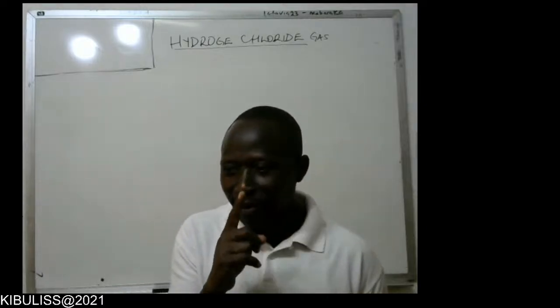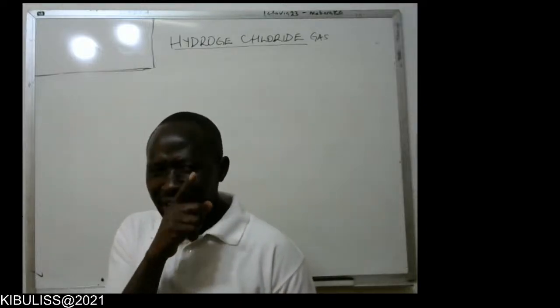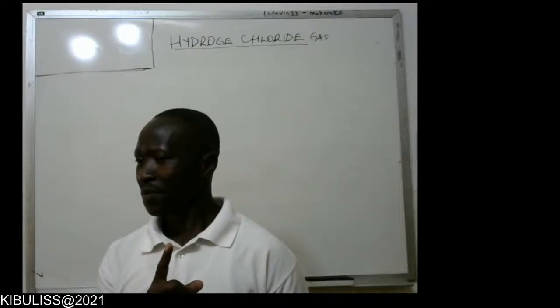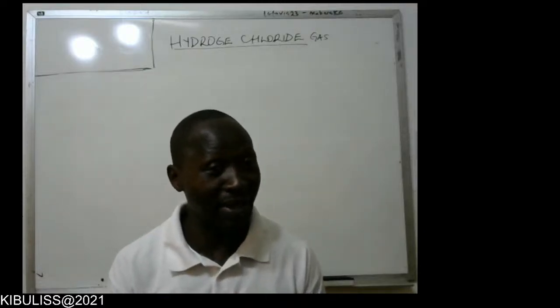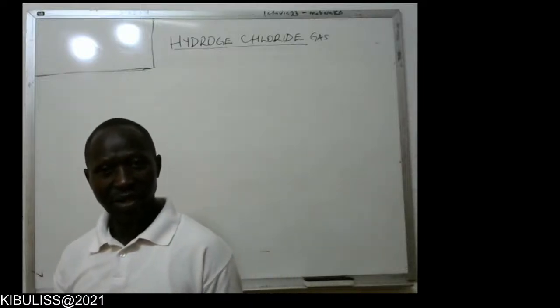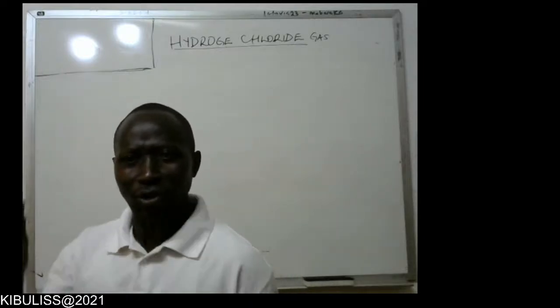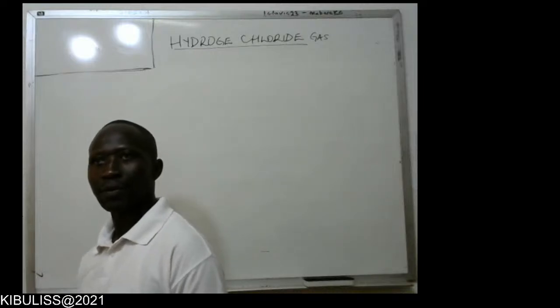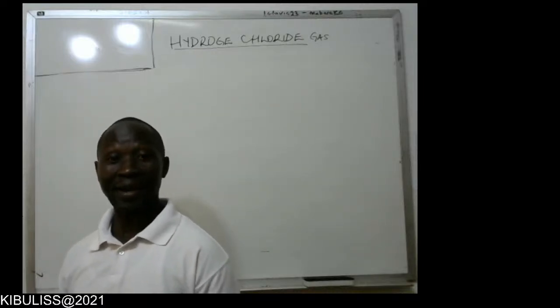The bigger the diagram, the more difficult it is to draw. You can draw using a pen, you can draw using a pencil. This is chemistry. But when labeling, don't use a pencil. Use strictly a pen to label.